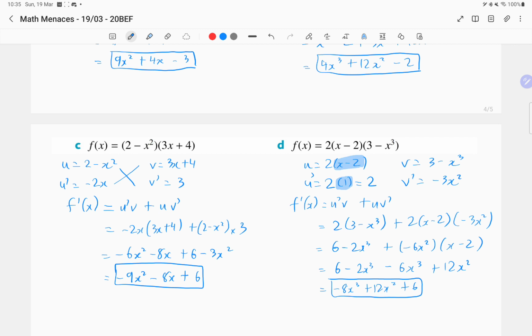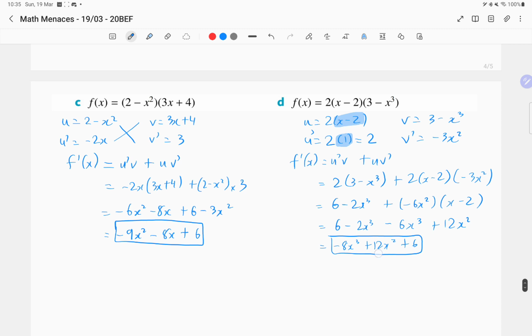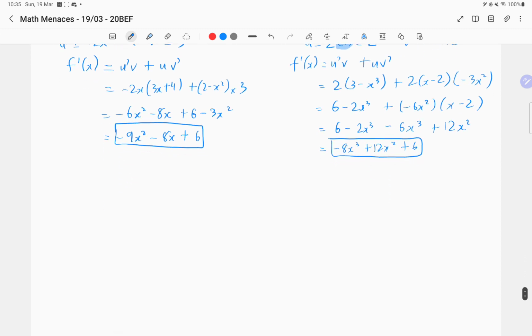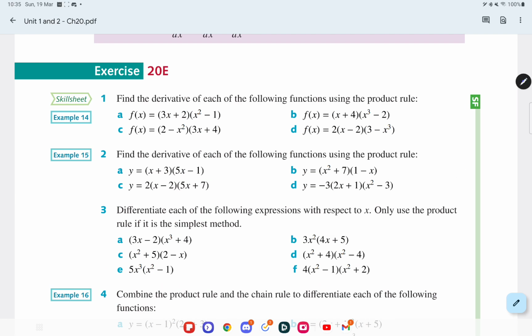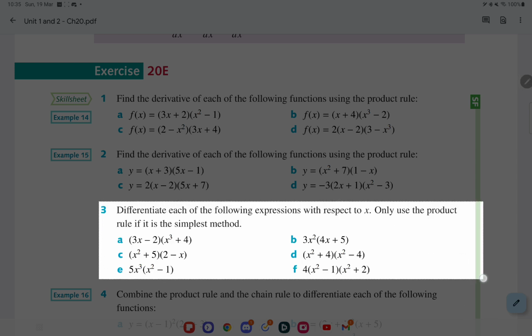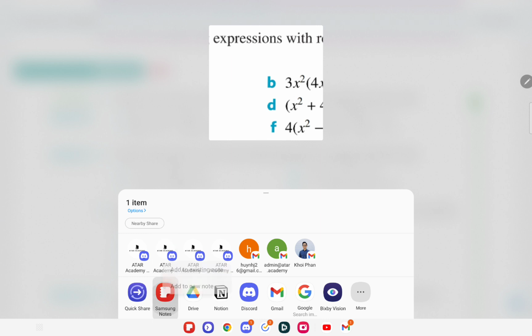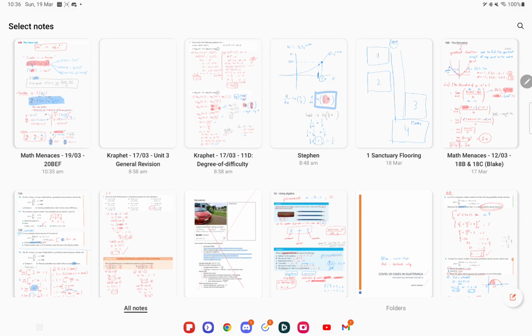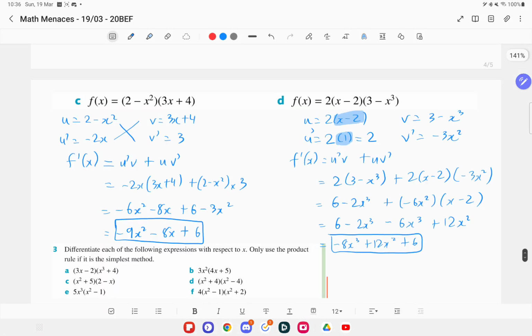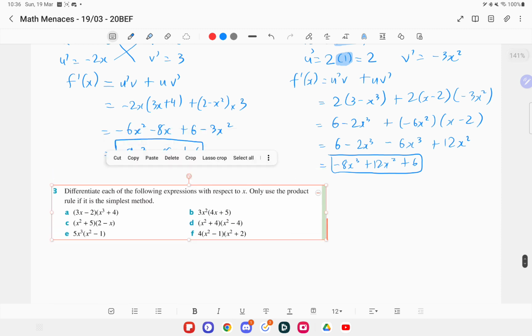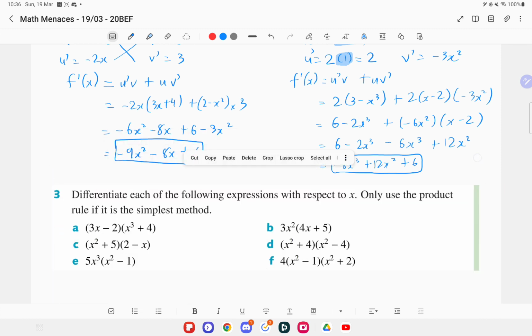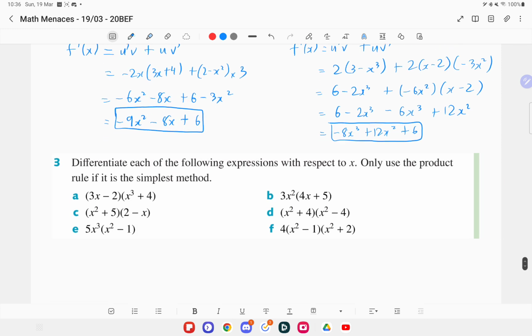If you're done with question 1, I want you to move on to question 3. Let me pause there and quickly explain question 3, and then see if you can identify the easiest way to do it. Question 3 is a little bit different. I will work through these questions, but you need to predict what method I'll use.